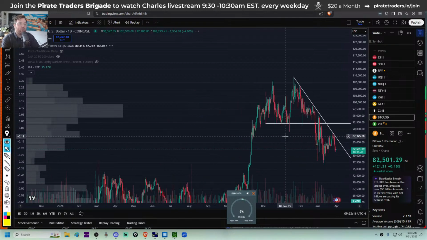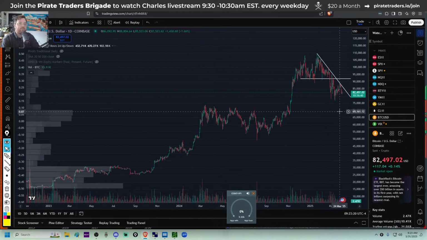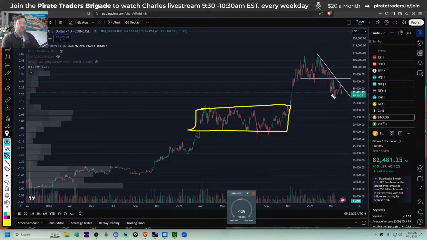I think 72 was sort of the level I've been keeping an eye on. 72 is really the upper end of the previous balance, which was a multi-year-long balance in here. So 72 would be a great area to backtest, and then that might truly be enough to get back up to all-time highs.